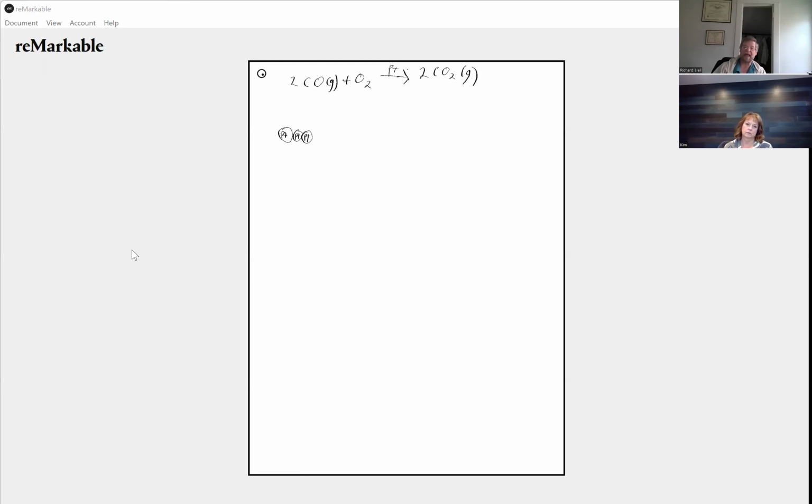You have these platinum atoms on the catalyst, and carbon monoxide will come along and attach itself to that platinum. Now I'm going to write this out this way at first.